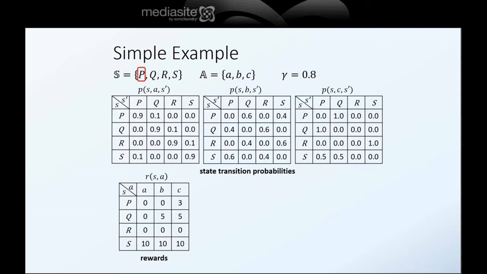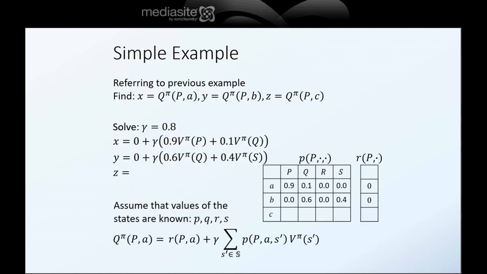Now again we are in state P. Now let's consider action B. Since we are looking at action B, we shall use the second table here, and from state P, so again the first row, the probabilities are 0.6, 0.4, and the reward when you are in state P and taking action B is again 0, and so that allows us to fill the second row of these tables.